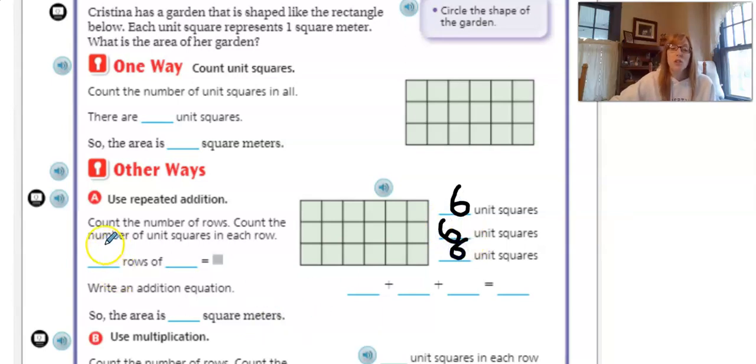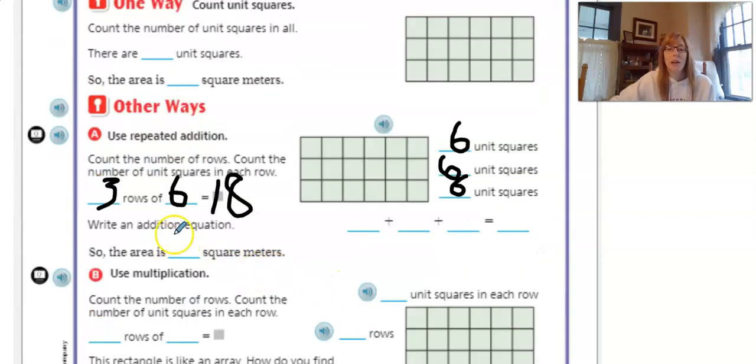Okay, so then there are 3 rows of 6, and we know that 3 times 6 is, you are correct, 18. Okay, so there are 18 square units, and we know that would be 6 plus 6 plus 6 equals 18.